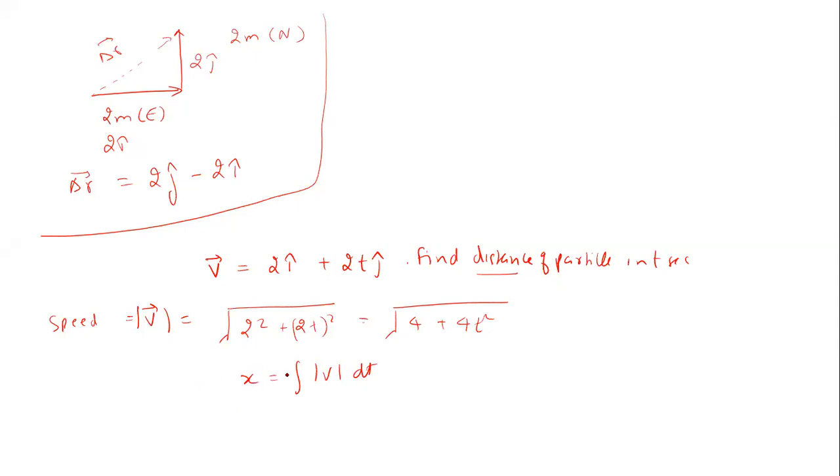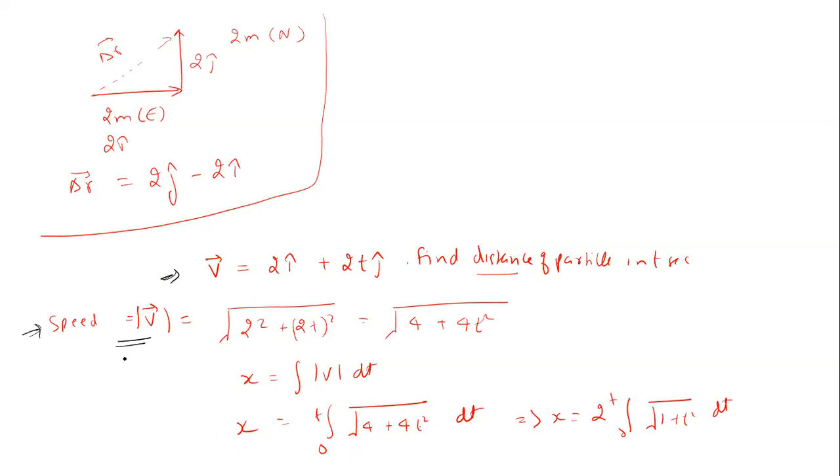So distance will be the integration of 4 plus 4t square, under root, dt from 0 to t seconds, which is the distance traveled by the particle. Or we can also write this as x equal to 2 times the integration from 0 to t of square root of 1 plus t square dt. This is a very important point I have discussed here: mod of v is equal to the speed of the particle. Understood? If you can integrate this, you'll get the answer.